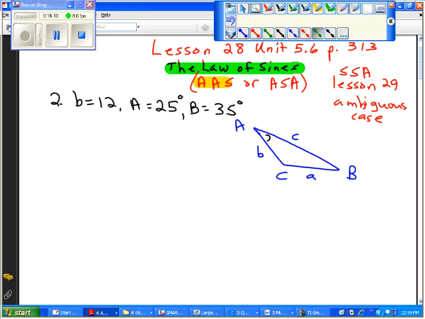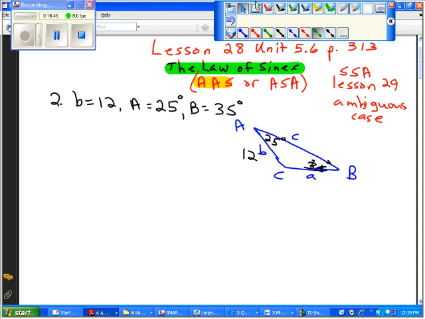So we've got angle A is 25 degrees, angle B is 35 degrees, and I've got a little b over here, and little b is 12.